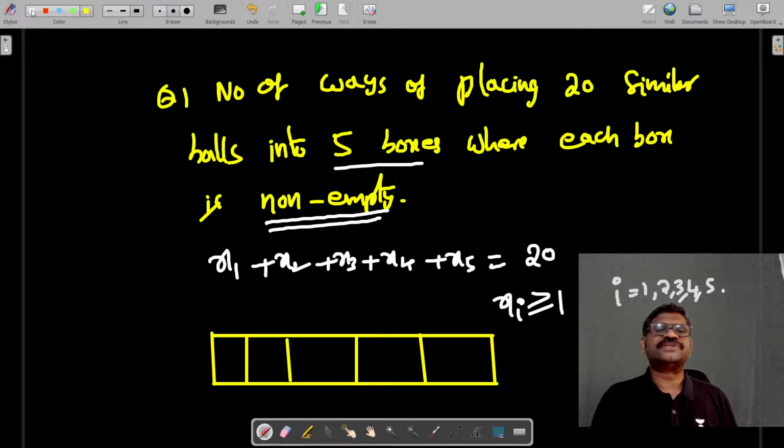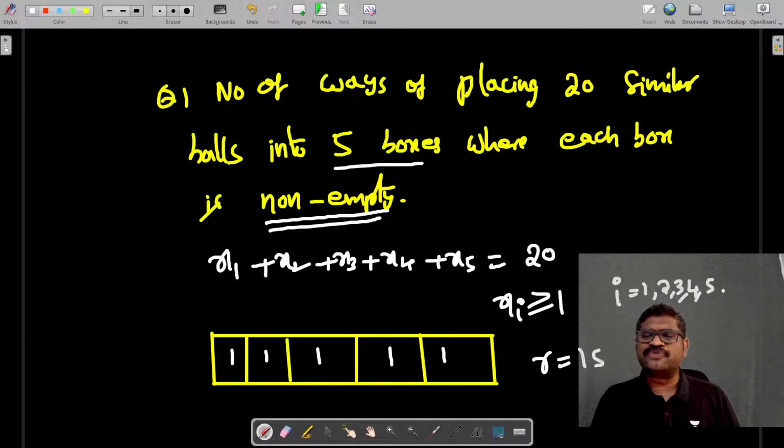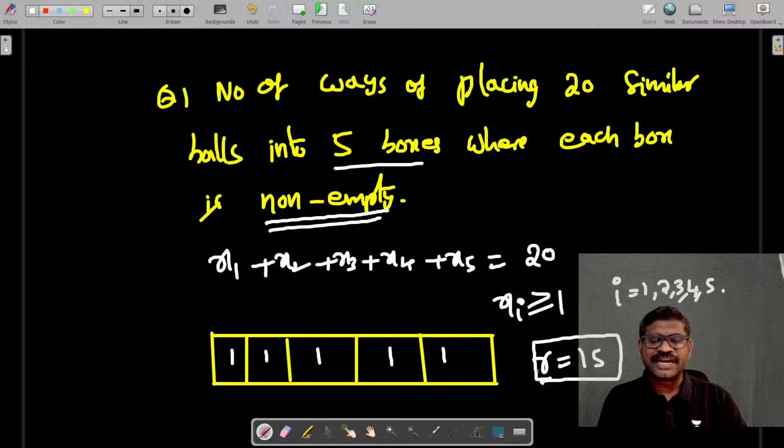Now, n value 5, r value 20 becomes 15, because each box we have filled with one ball to fulfill the non-empty condition. Now r is equal to 15, because 5 balls are used. So remaining, how many balls are left? 15 balls are left. Therefore, by placing one ball in each box, the non-empty condition becomes a non-negative condition.